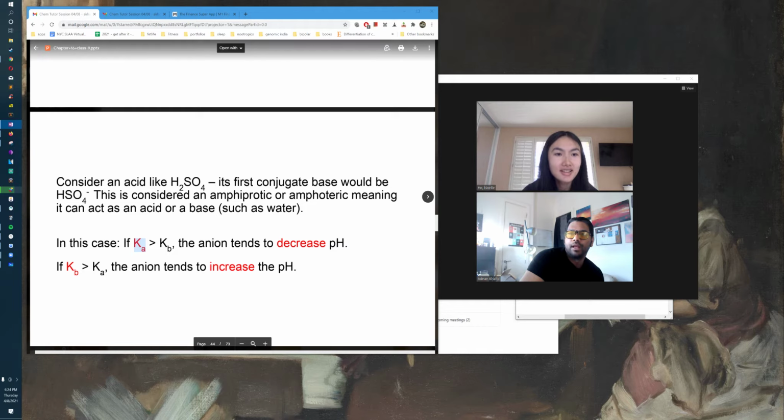Oh yeah, I found something from my other student that is exactly what we're talking about. Ka times Kb is equal to Kw, which is 10 to the negative 14th power. pKa plus pKb is pKw, which is 14. This is auto-ionization of water.